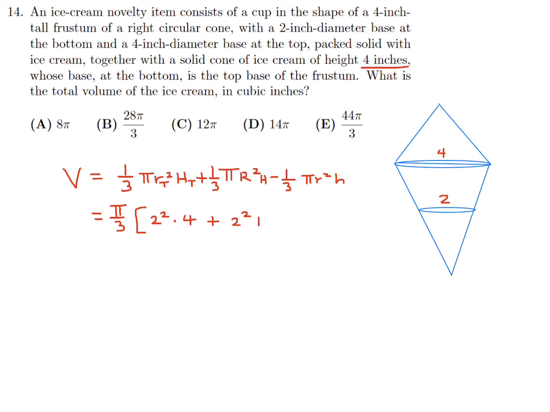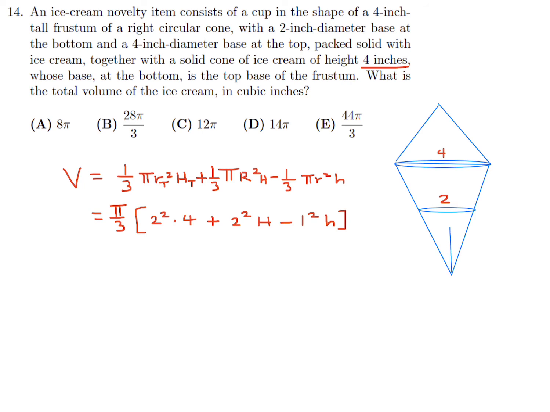So I'll just put that H for now. And then this one, that small r, we know since that is 2, the r is 1. And then the small height we don't know yet.